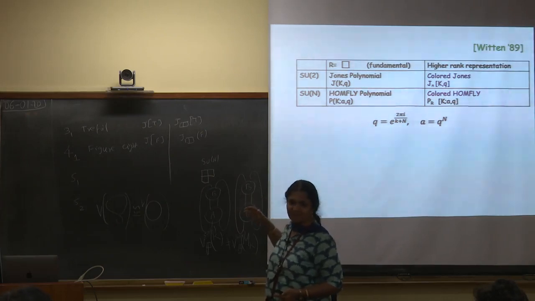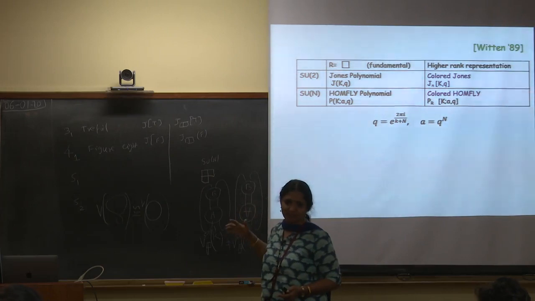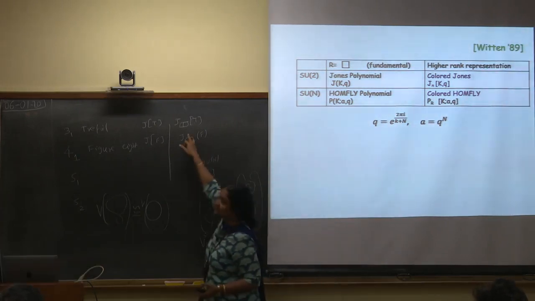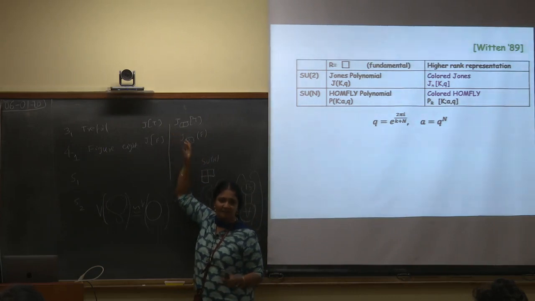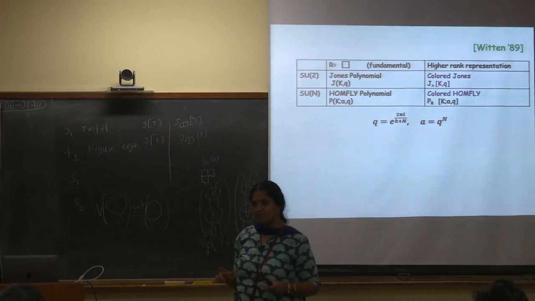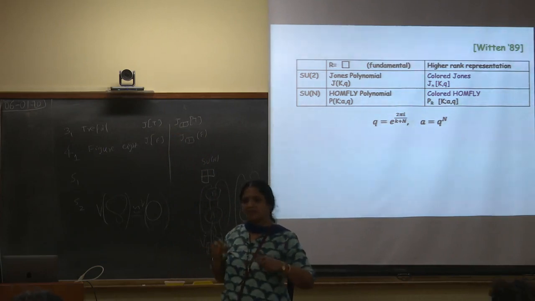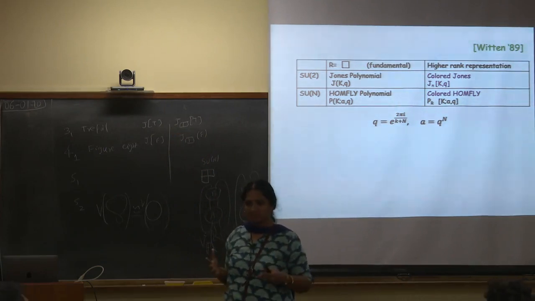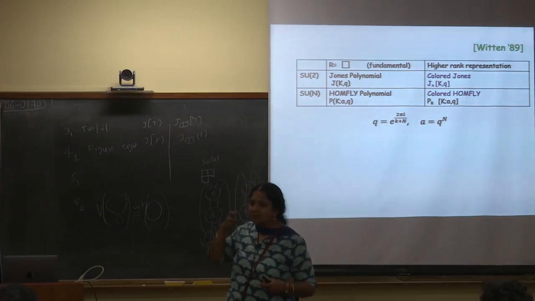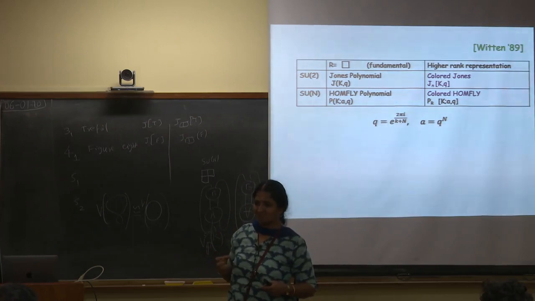That is what is called the multiplicity issue. That will not happen if you are taking a symmetric representation. In a symmetric tensor product, every irrep will occur only once, but with mixed representations, some irreps can occur more than once. So that multiplicity issue has to be input into the conformal block.